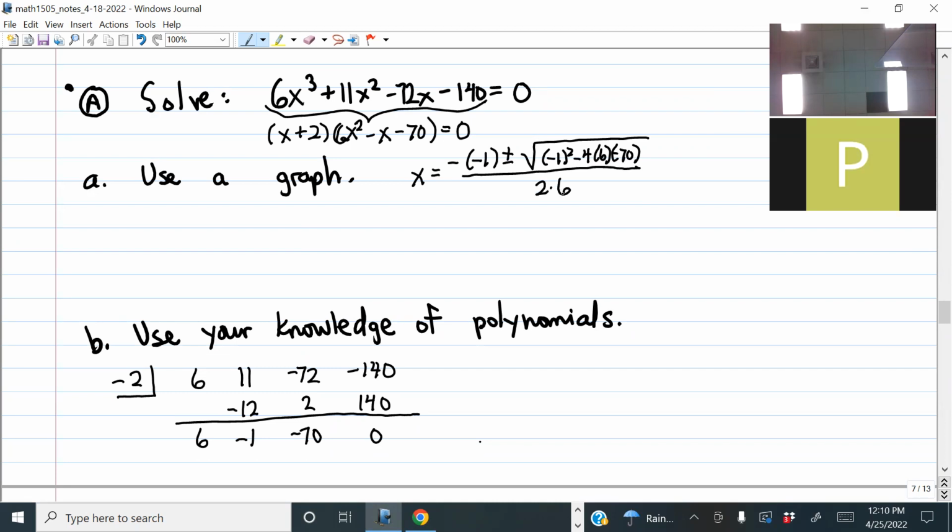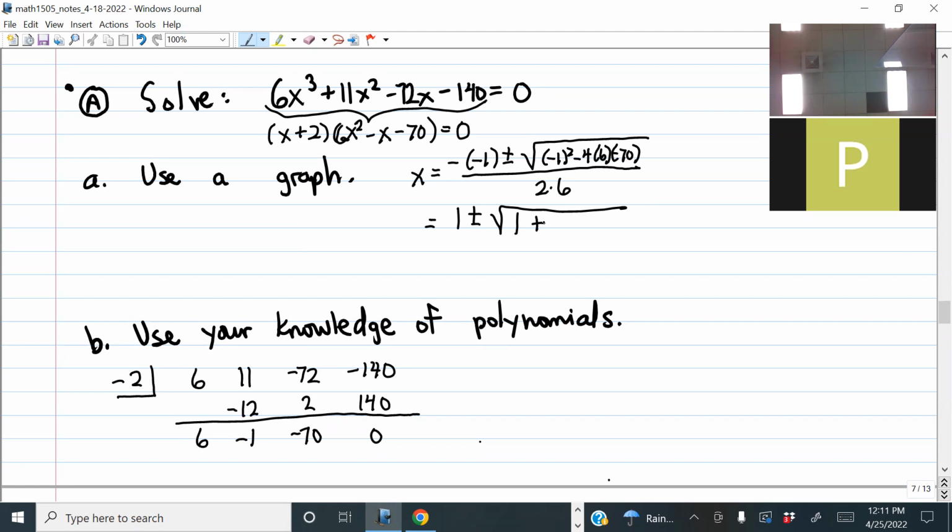So there are the other two x-intercepts. Apparently when you simplify this, you'll come out with two numbers, one a little bit less than -3, and one a little bit bigger than positive 3. Let's see, this is 1 plus or minus the square root of 1; -1 squared is 1, right? This is going to be -4 times 6, which is -24, times -70.